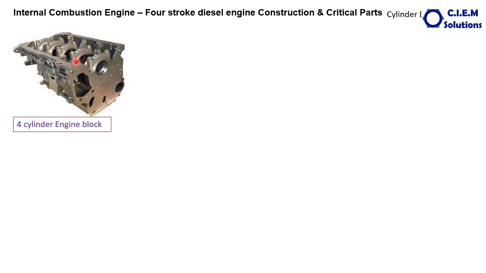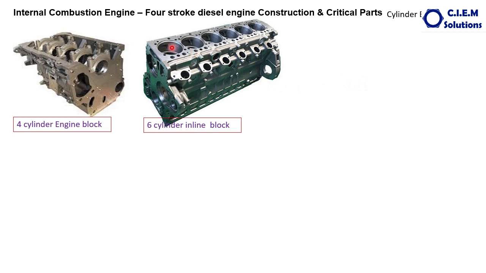This is cylinder 1, 2, 3, 4. This is the 6 cylinder engine. 1, 2, 3, 4, 5, 6. If the cylinders are in line, this is called the inline engine. This is a 6 cylinder inline block. This is a 4 cylinder inline block.